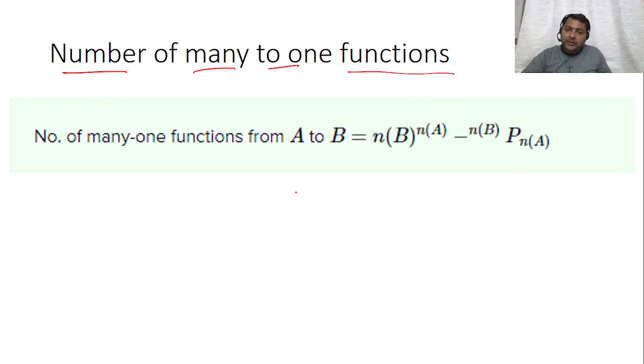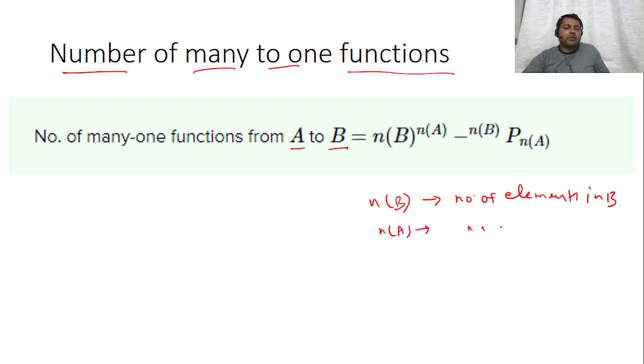The formula for the number of many-to-one functions from A to B, where nB represents the number of elements in B and nA represents the number of elements in A, will be nB to the power nA minus nB P nA. You have to implement this power and permutation on your own.